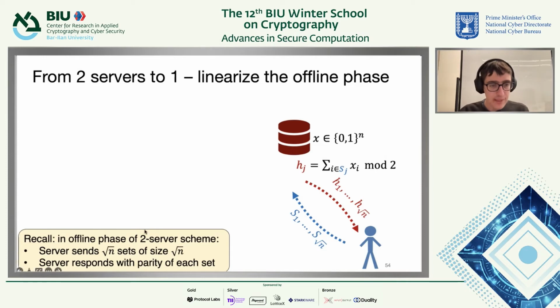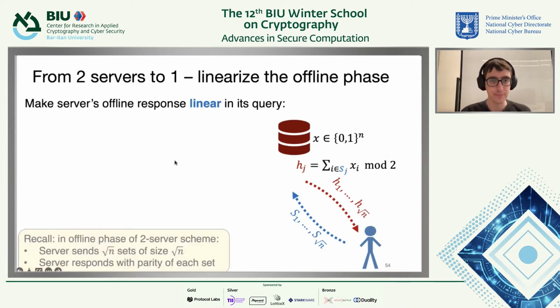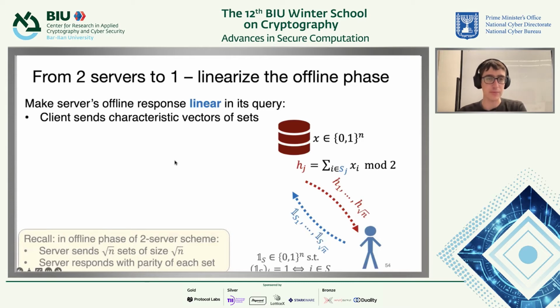So specifically, what did we have in our offline phase? This is a good opportunity to review the two server scheme as well. In the offline phase, the client sends square root n sets of size square root n each, and the server needs to respond with a parity of each set. And as we said, we need to make this linear. The way we'll do it is that we'll have the client send the characteristic vectors of all the sets.